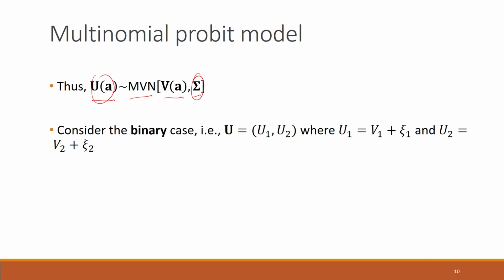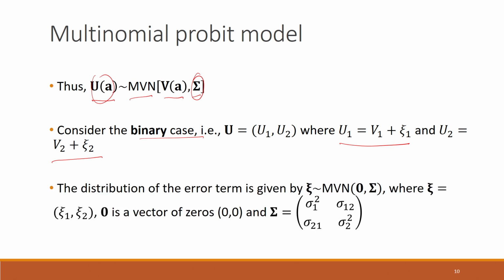Let us now consider the binary case here. Suppose we have two utilities U1 and U2, where U1 is equal to V1 plus the error term of the first alternative, and U2 is equal to V2 plus the error term of the second alternative.